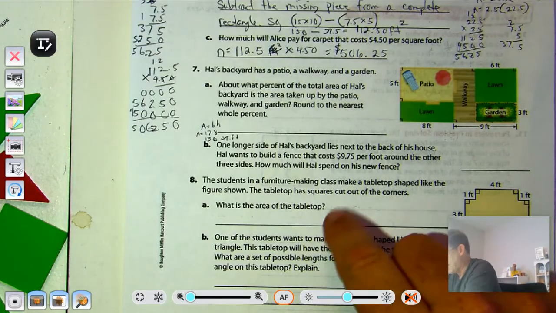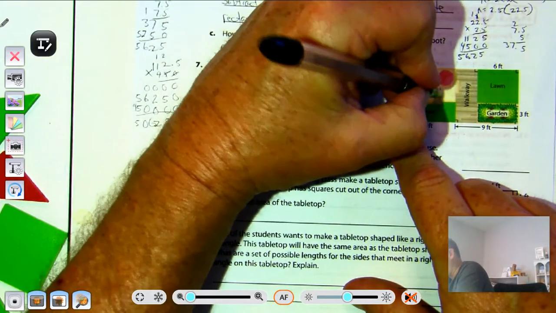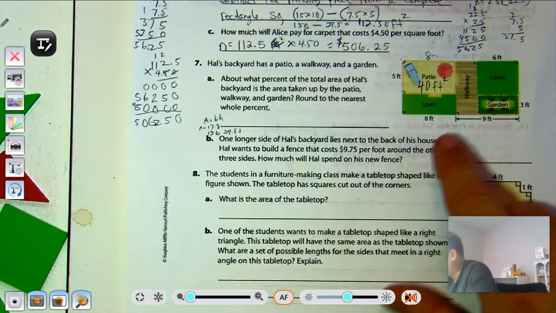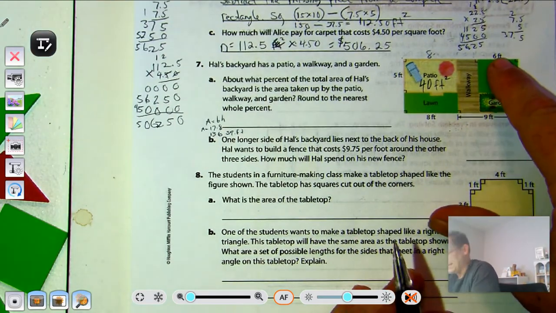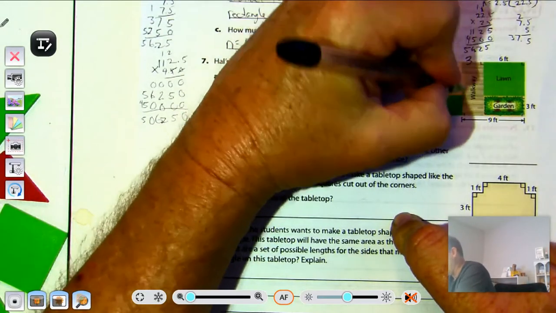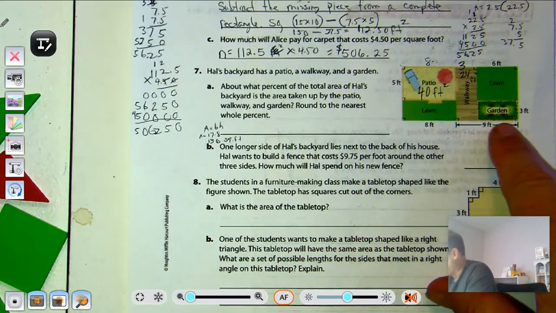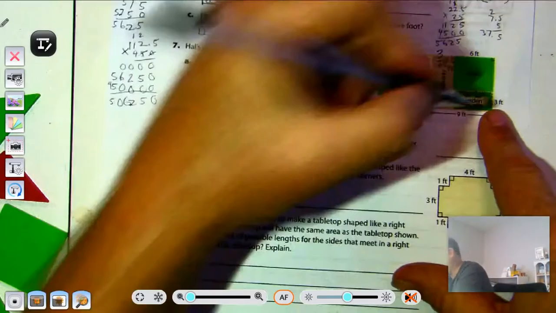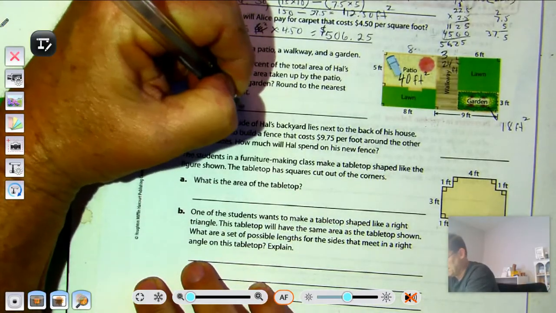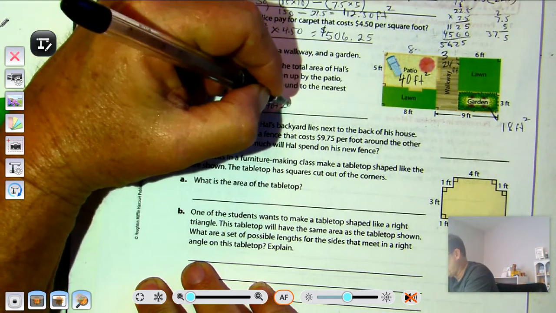What's the patio? The patio is 5 by 8, so the patio is 40 square feet. The walkway is 9 minus 6, so 3, and that's 3 by 8. So the walkway is 24 square feet. And the garden is 6 by 3, so that's 18 square feet.